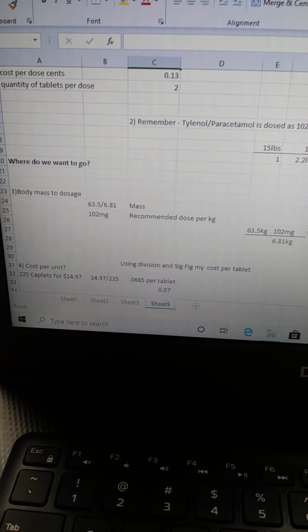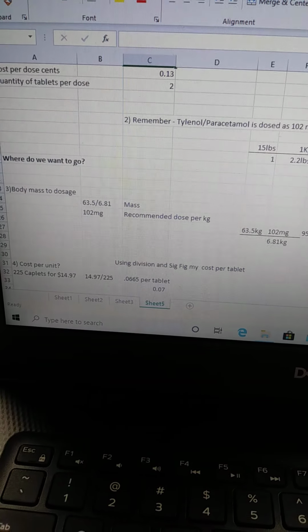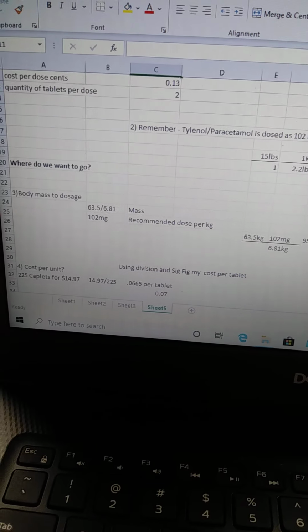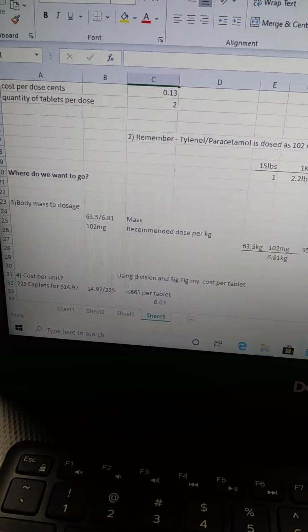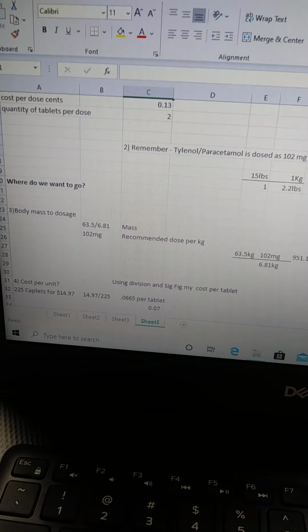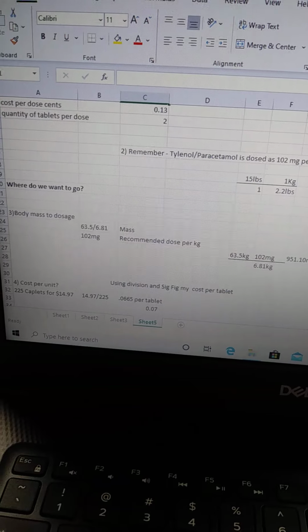My cost per unit is 225 caplets for $14.97. Just going back to that, to take a look at what it would take to get rid of my headache. And I am a cheap college student, so I don't want to get ripped off in this.